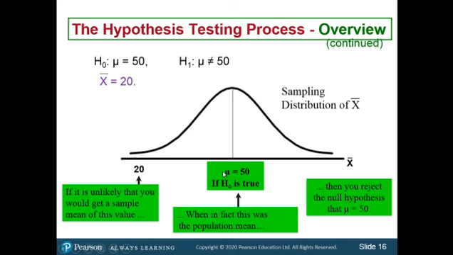When we plot our sample mean, it is to the left of 50, very far from the center.